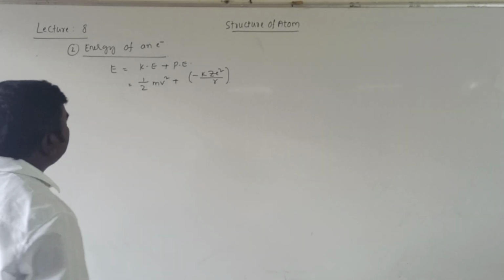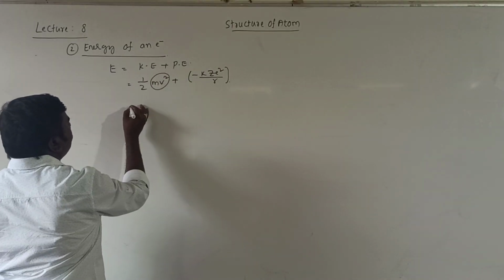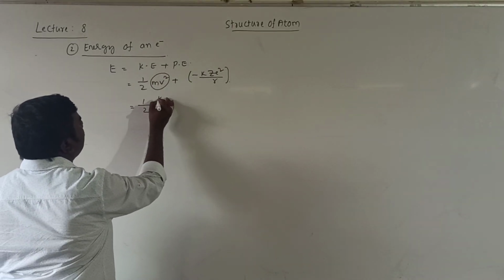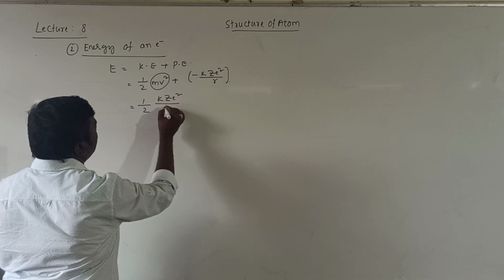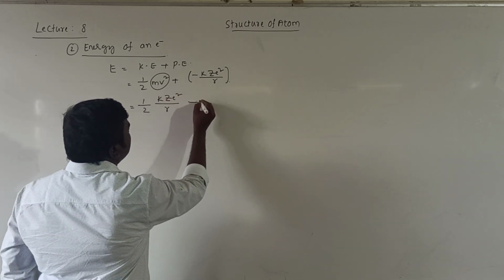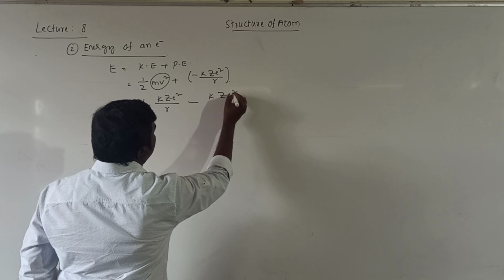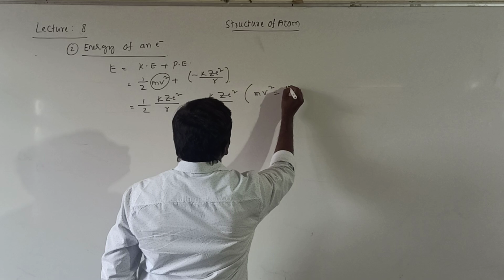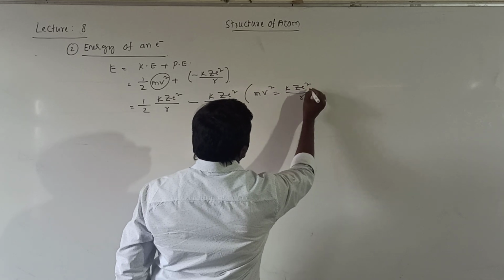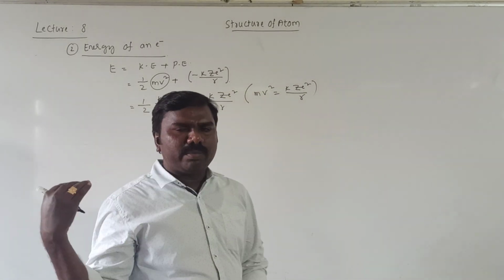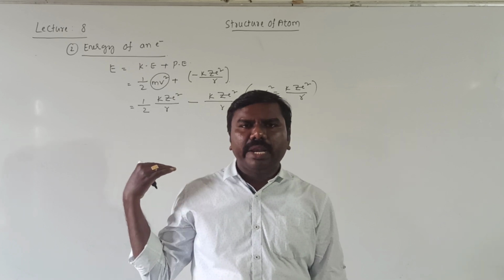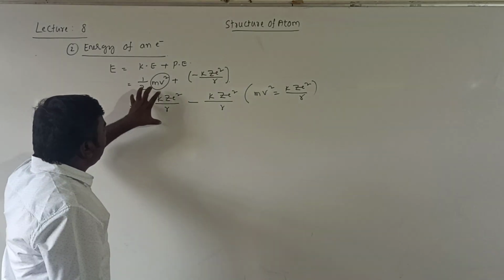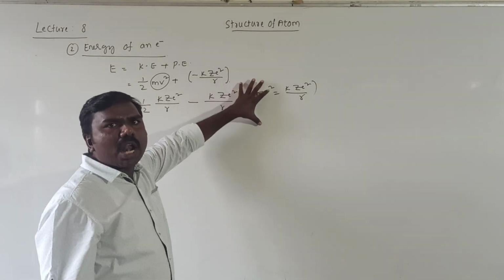Next, mv square, you know already from the radius of an orbit derivation we took previously, equals kZe square by r. Then kinetic energy is half, and potential energy is minus 1.